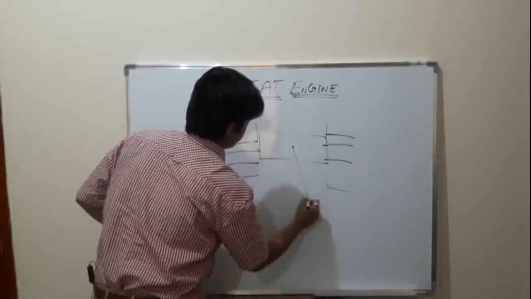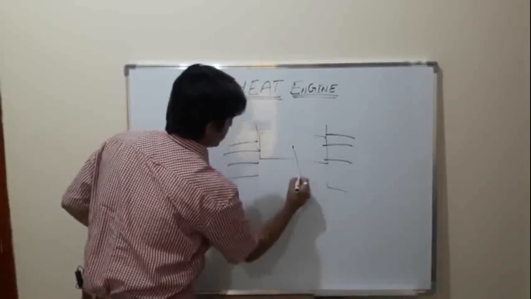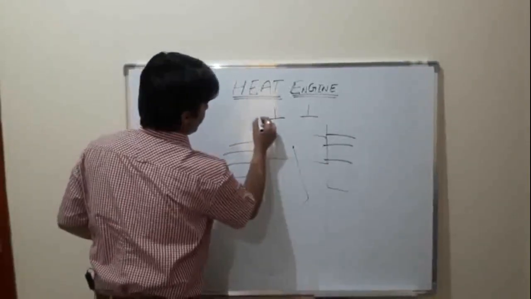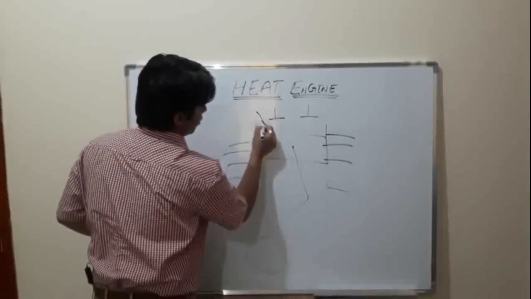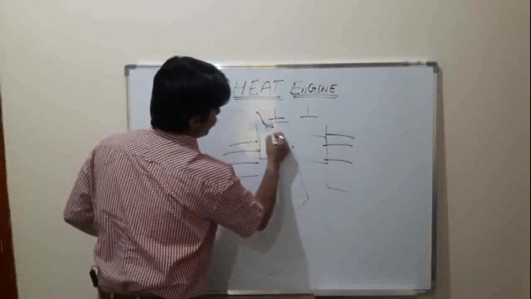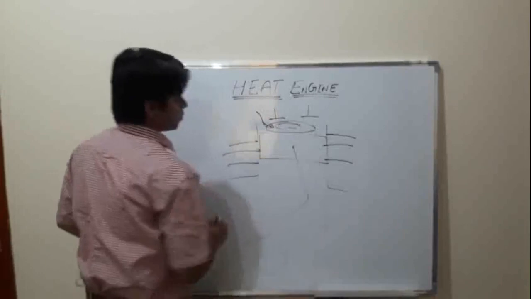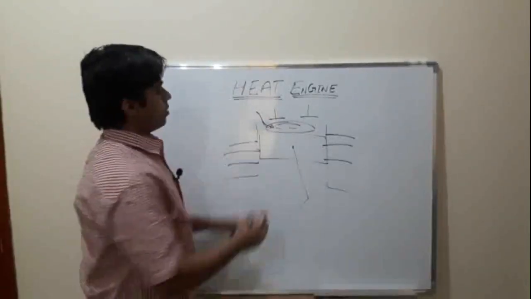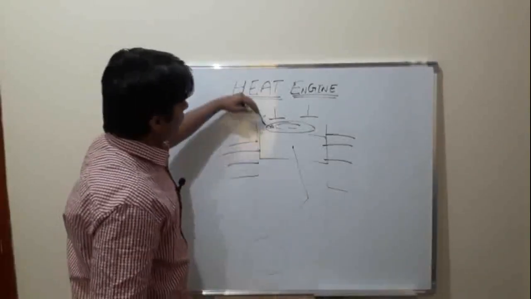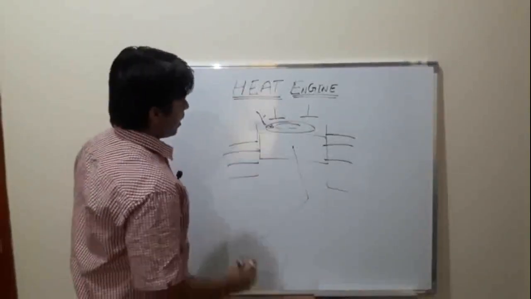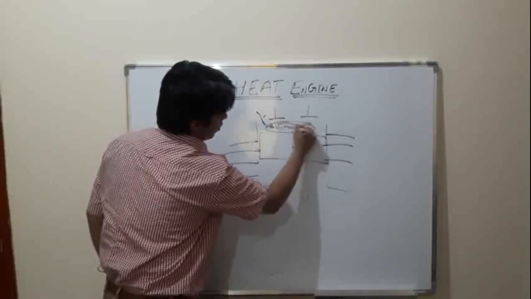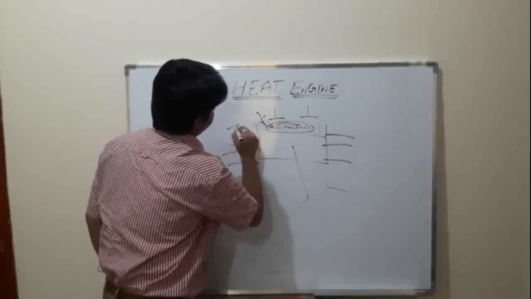This is the piston, and this is the inlet and exhaust valve. The mixture of air and fuel comes in through the inlet valve, and you will have combustion here at the top dead center.